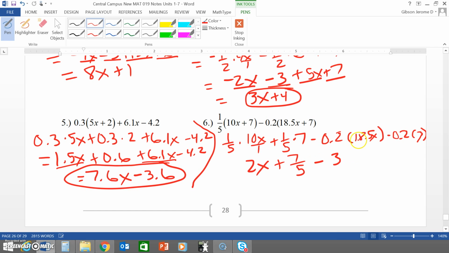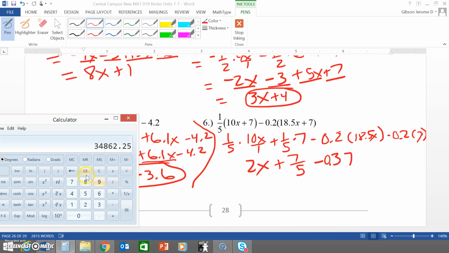This will be, let's see, 0.37? Yeah, 0.37. And, no, wait a second.